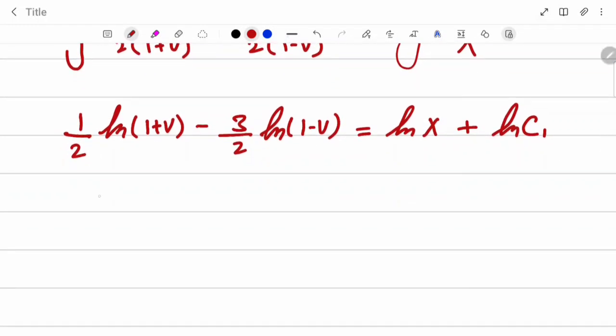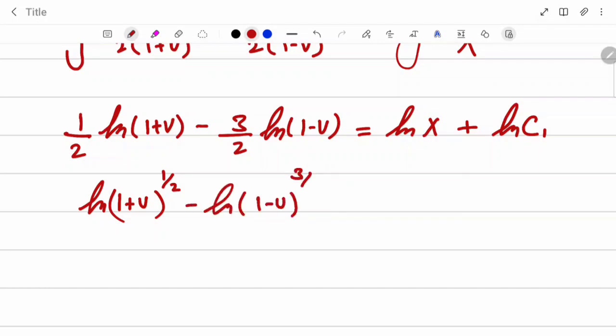Okay, what about this? Can I write this as ln(1 plus v) by 2, then negative ln(1 minus v) by 2 equals ln x. Because this is positive, can I write ln c1x? Yes, I can.